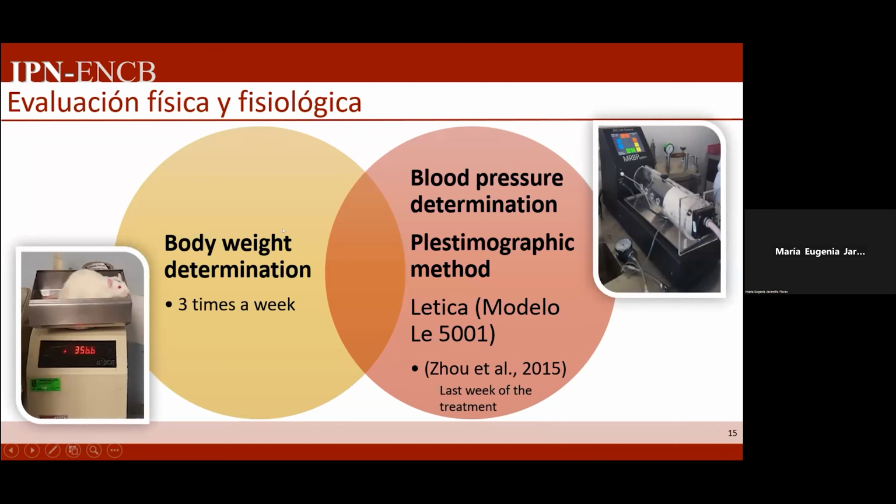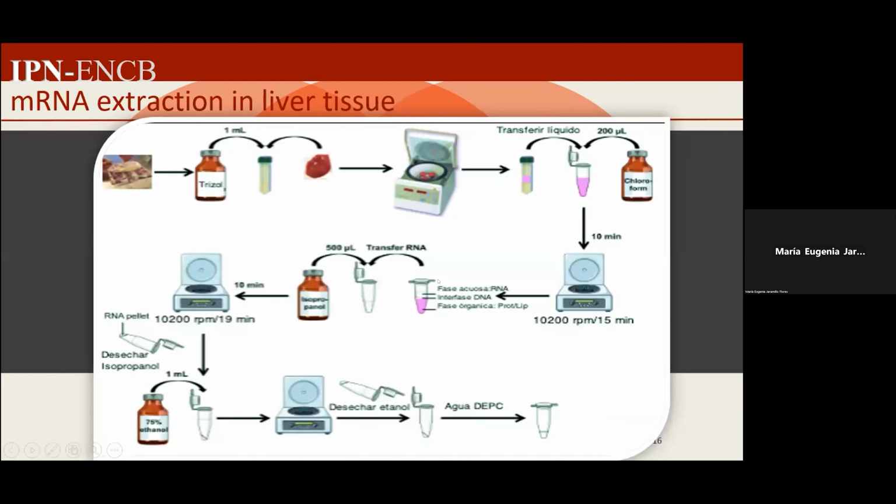We determined body weight and blood pressure three times a week. The blood pressure determination with plethysmographic methods we did at the end of the study, previous to the euthanasia.